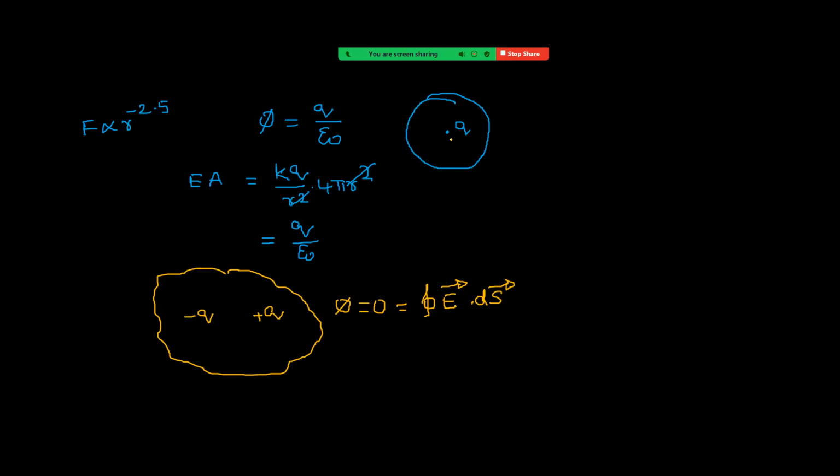For example, if you take point charge, we can take sphere, because on the surface of the sphere at each and every point modulus of E bar is same. Next, between E bar and ds bar the angle is 0 at each and every point. Therefore, calculation becomes very simple.